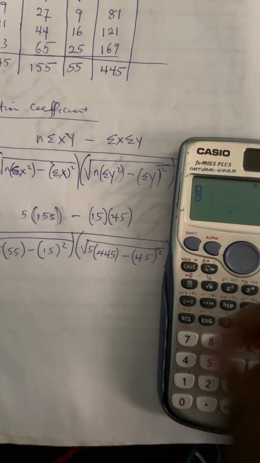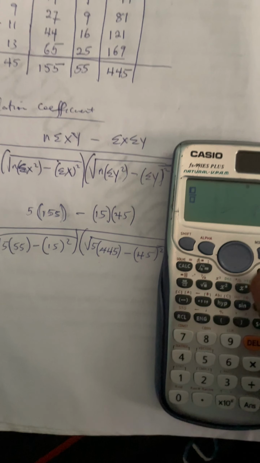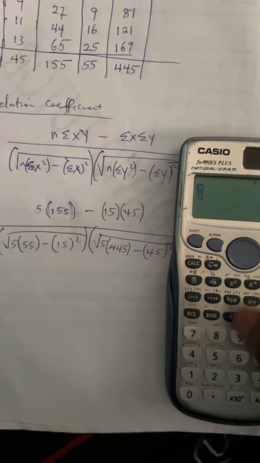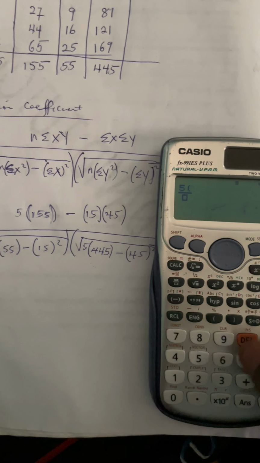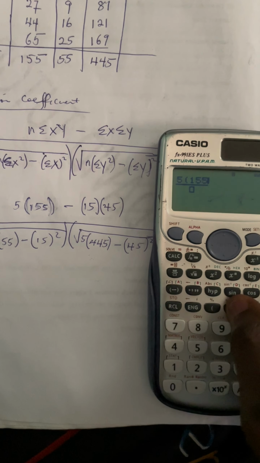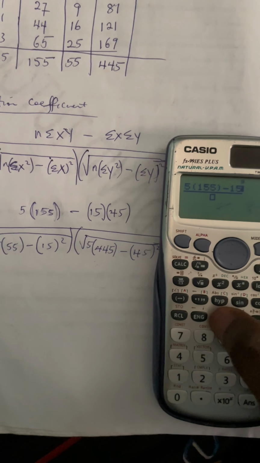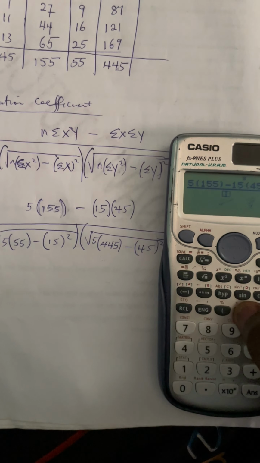We press the fraction button. When we press the fraction button, we have 5 into the bracket of 155, close bracket, minus 15 into the bracket of 45.